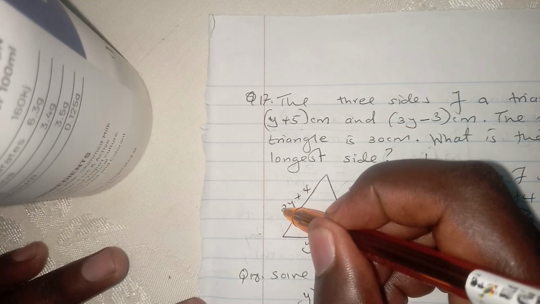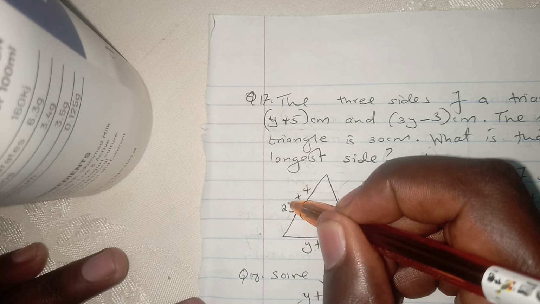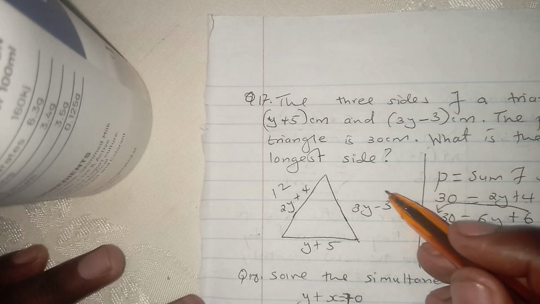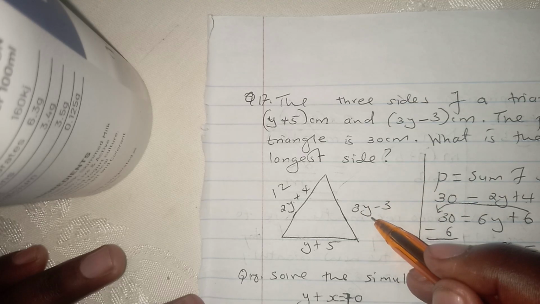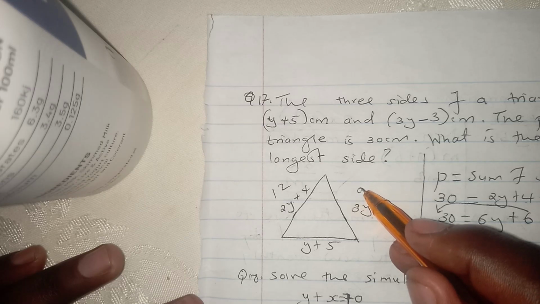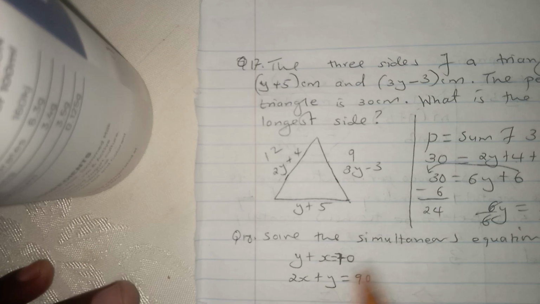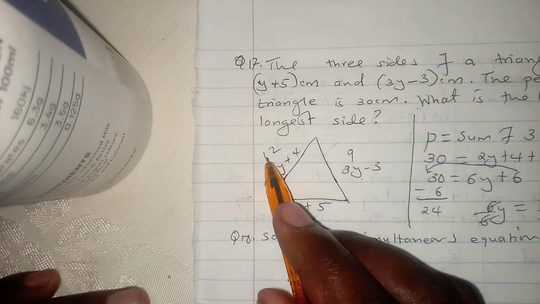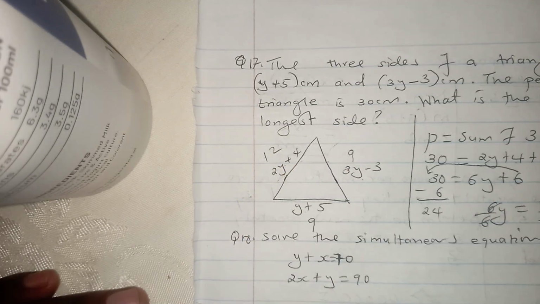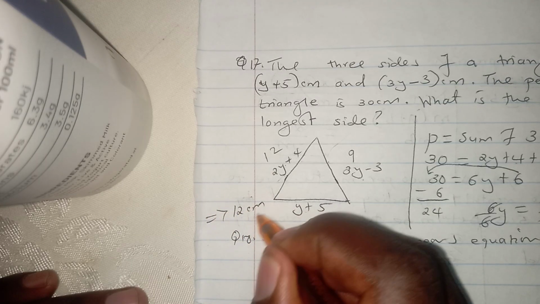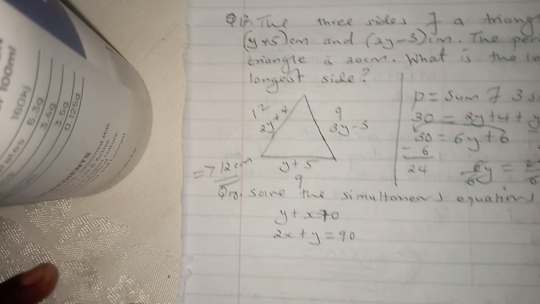So 4 times 2 gets 8, 8 plus 4 we get 12. Again here, 3 times 4 is 12, 12 minus 3 is 9. Down here you have 4 plus 5, 9. So the longest is 12 centimeter.